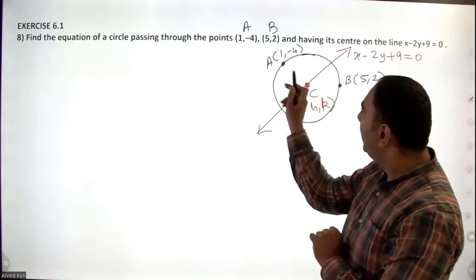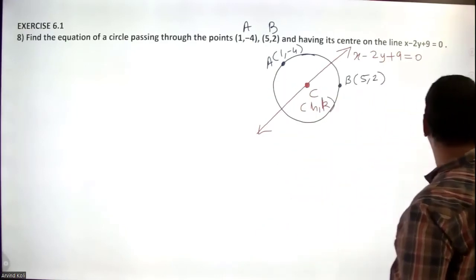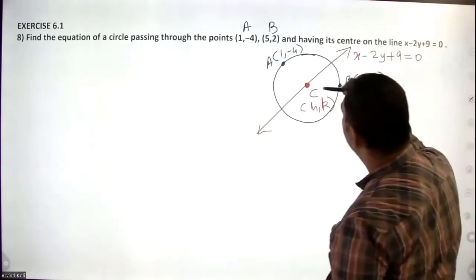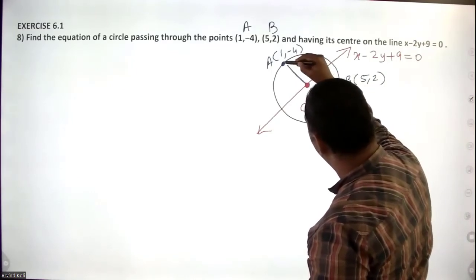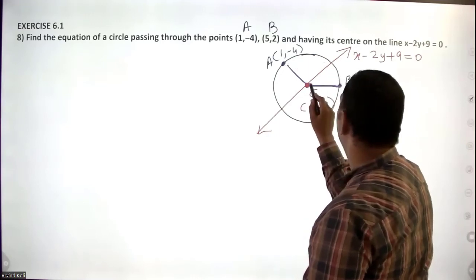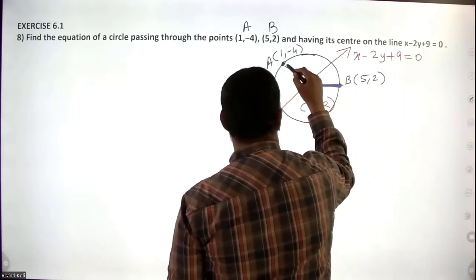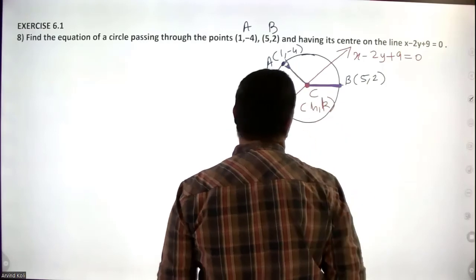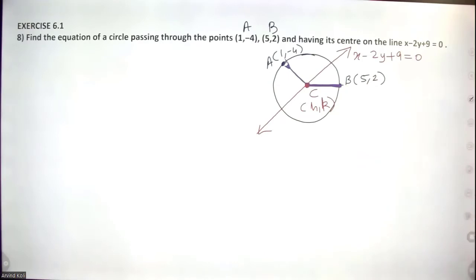Because CA और CB को join करो. या तो CA से radius निकालो या तो CB से निकालो. So let me do that. ठीक है. Okay.